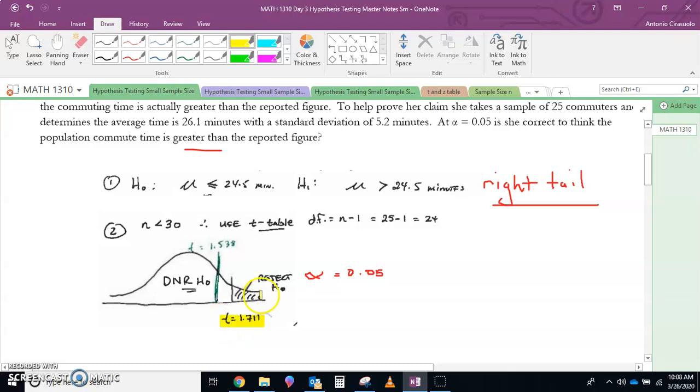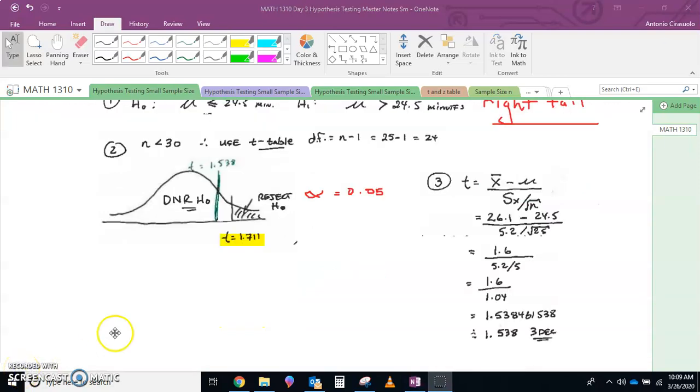So that's the threshold. If our t-test is greater than it, it ends up here. If it's less than, it ends up here. This is the value I got for t, and how did we get that? Here's the calculation. Instead of saying z is equal to this formula, we're just going to say t, that's our test value, and we put our values in.